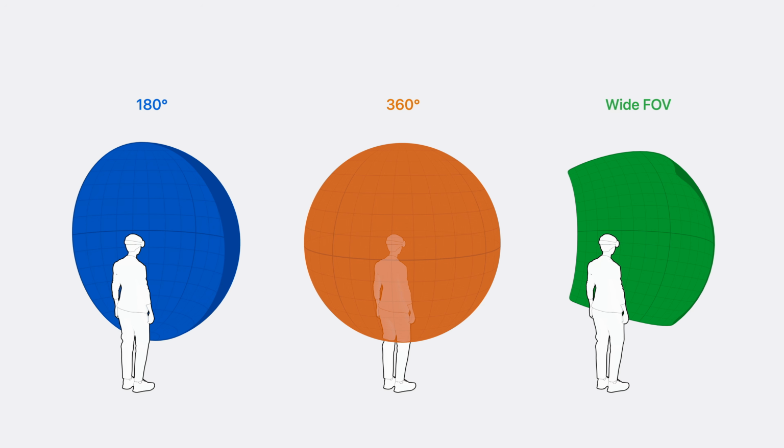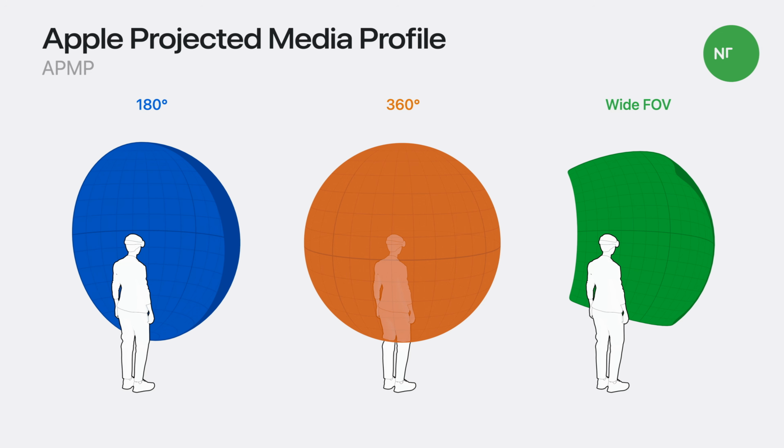In visionOS 26, these immersive video types, 180, 360, and wide field of view video, are supported natively on visionOS via a new QuickTime movie profile called Apple Projected Media Profile, or APMP. If you've already worked with QuickTime movies and the spatial video format, this profile will feel very familiar, with new fields added to describe each of the new projection types.